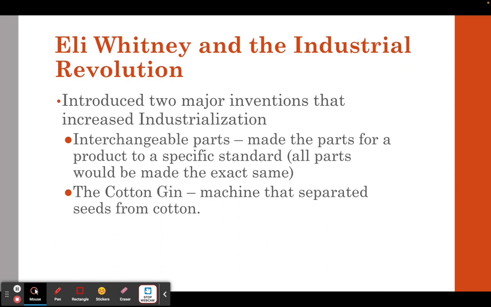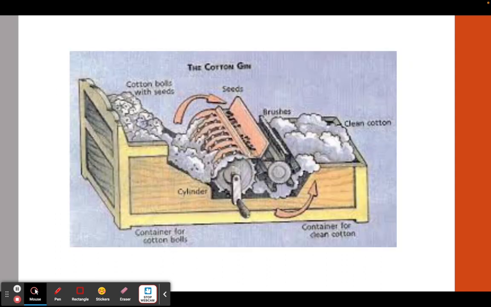You would pick cotton from a plant, and then the cotton itself would be filled with seeds, so you'd have to sit and by hand pick out these seeds. If I'm somebody that owns hundreds of acres of land, that's very time consuming for my labor force, which obviously in the South was slaves, until Eli Whitney invents this.